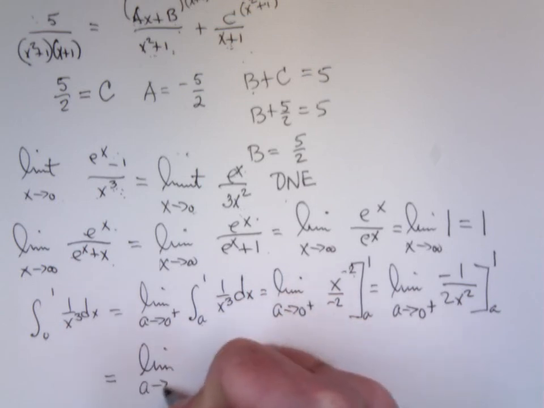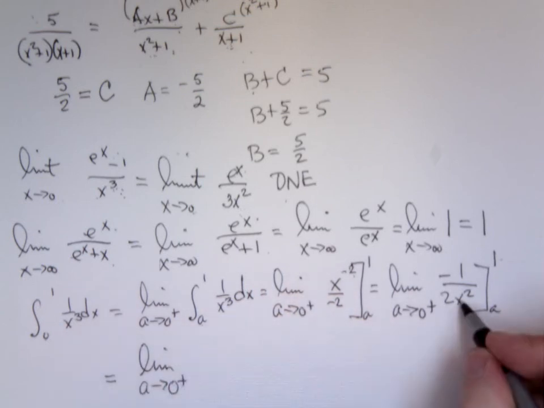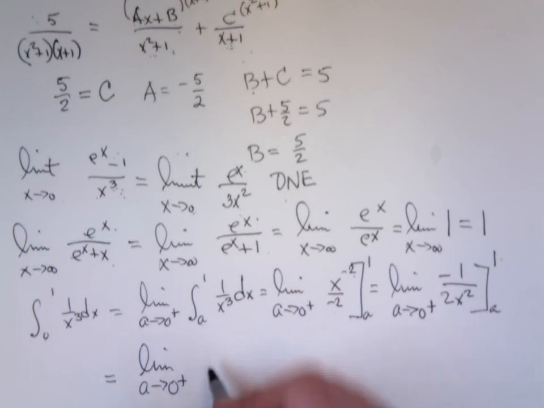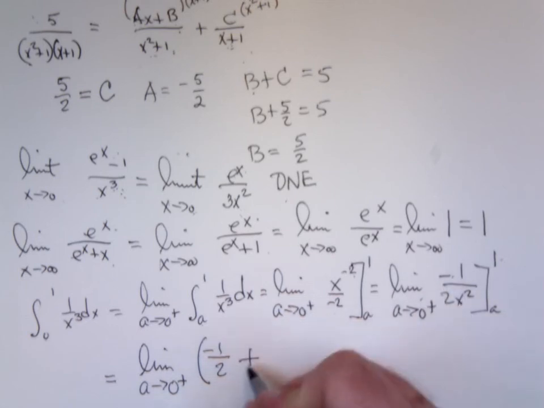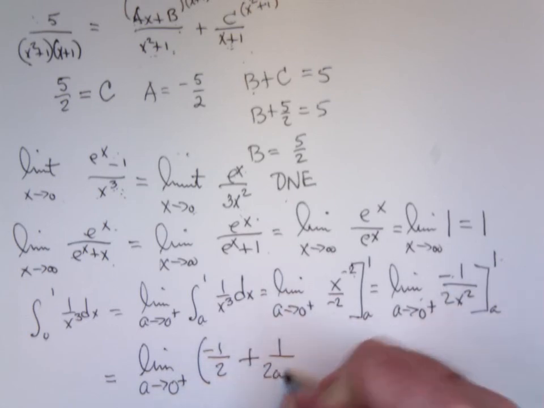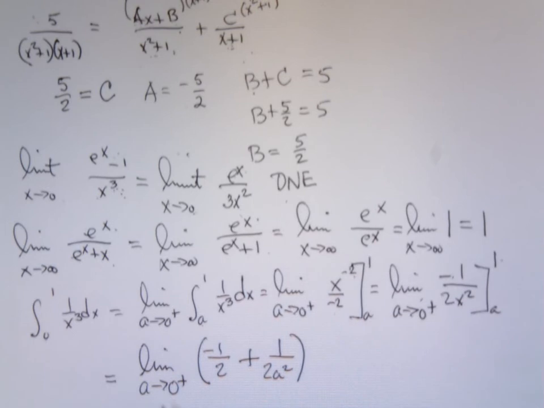Substitute in 1, you're going to get negative 1/2 minus, plus 1 over 2a squared. As a goes to 0, what's happening with 1 over 2a squared? Where's that going?